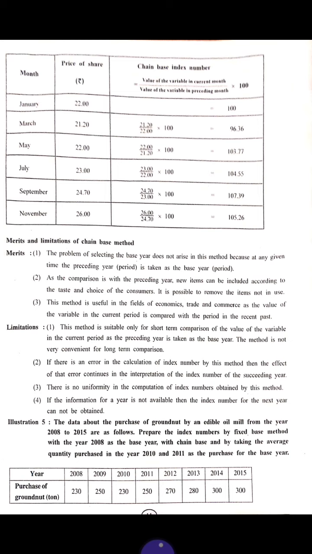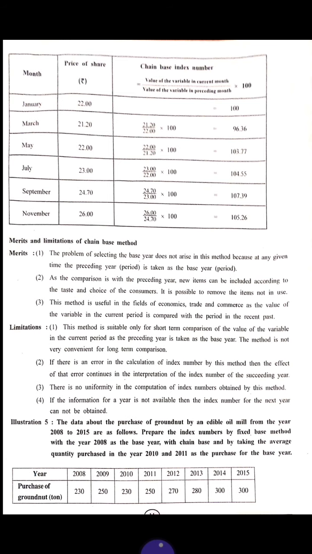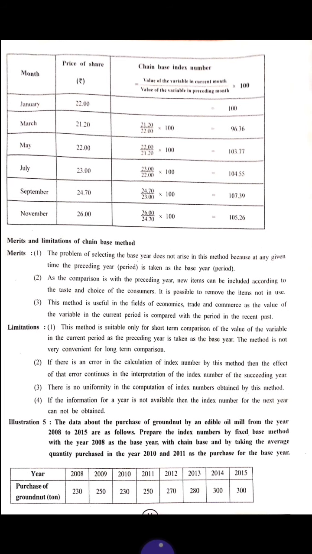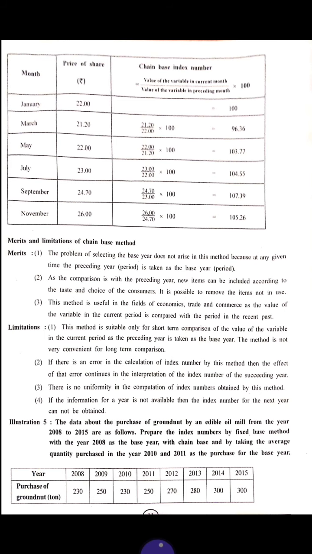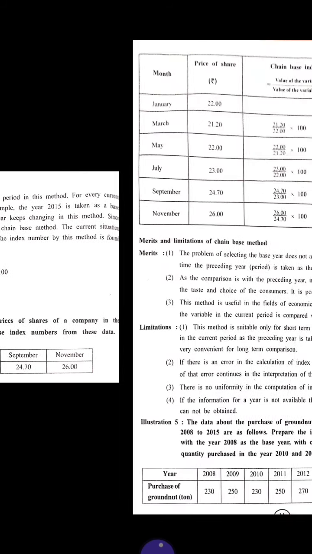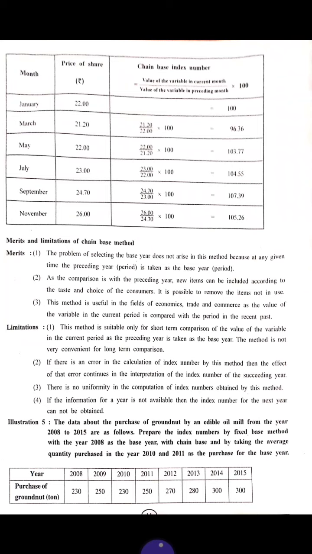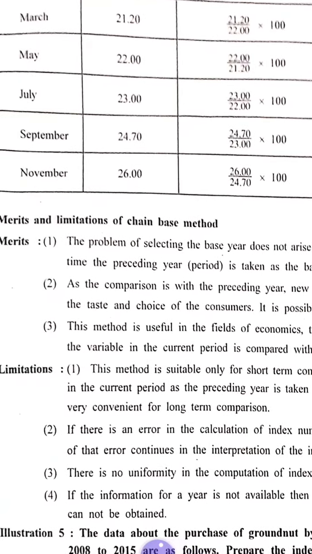There is no such problem that we have to take in the denominator the price of any past year, which should be a normal year. Such kind of problem we won't face over here. So it's very easy. Whatever your current year is, you just take the value of the preceding year and multiply it by 100, right? So that becomes one of the merits of our chain based method.